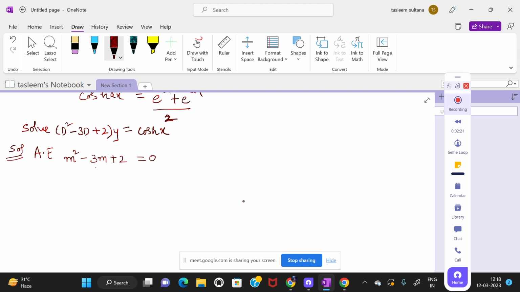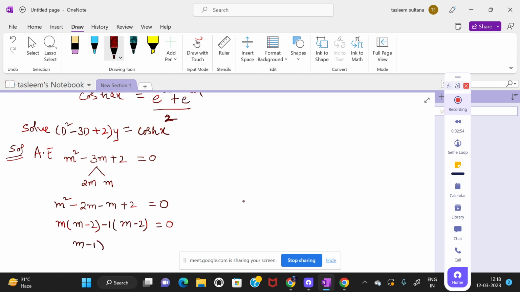This 3m, how can we split? 2m and m we can write, because the constant here is 2. So it's m square minus 2m minus m plus 2 equals 0. From the first two terms, m is common: m of (m minus 2). From here, minus is common: (m minus 2) equals 0. (M minus 1)(m minus 2) equals 0.